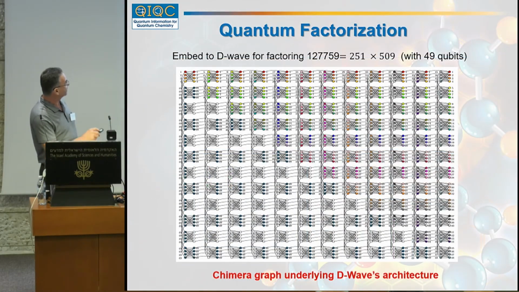Now we are factoring large numbers in this machine. Again, all these are mapped to Ising-type Hamiltonians. And it's really exciting to understand the physics of this problem, why certain systems encode information about factoring numbers.